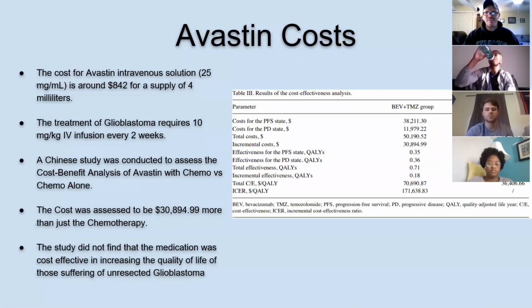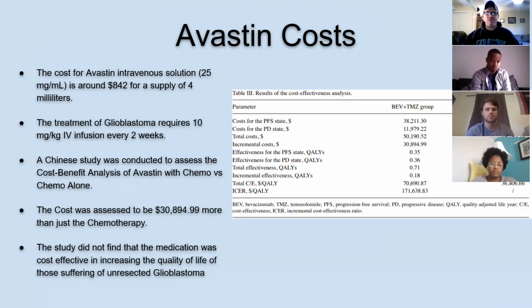Do you have insurance? Okay. If you don't, you need to talk to one of our reps. Maybe we can find you a break. Do you have good insurance? Maybe. If you don't, you need to talk to one of our reps. So at no point are they actually telling you the cost, because it costs a lot. Around $842 was the only cost I could find for Avastin, and it wasn't necessarily for glioblastoma.